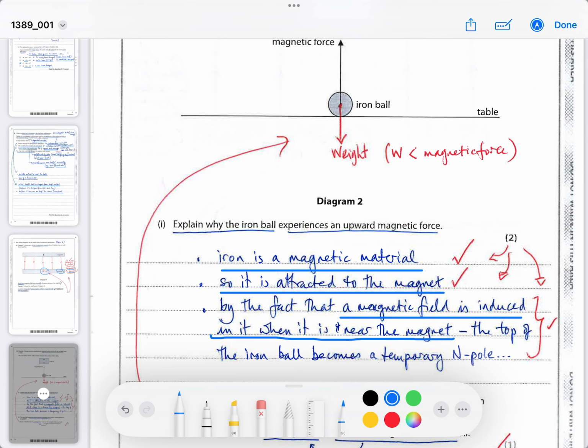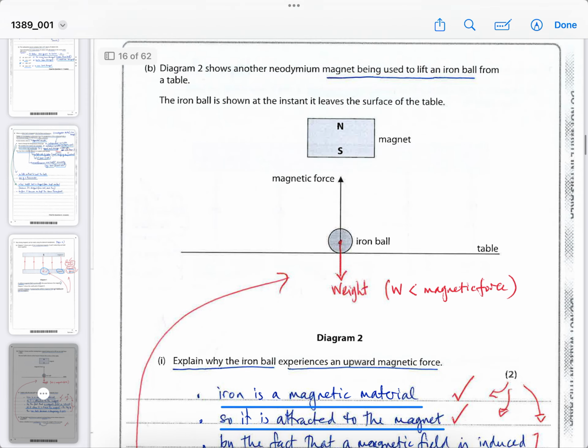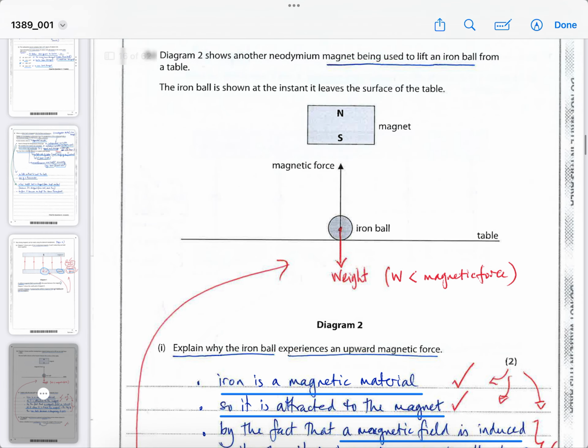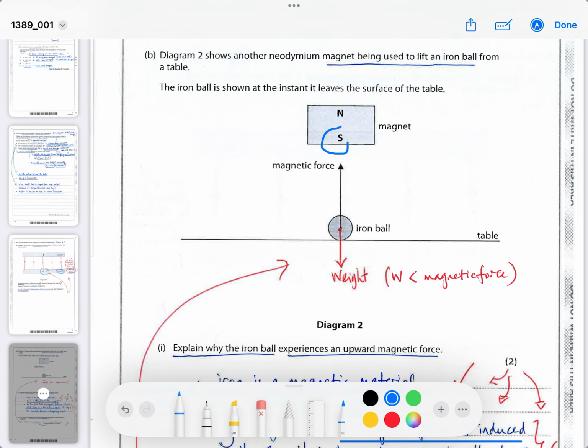Therefore the top of the iron ball will have a temporary north pole induced in it, and that means the bottom of the magnet would have been a south pole. So can you see over here is the south pole? What happens when you induce a magnetic field in the iron, the top of it becomes a north pole, the bottom becomes a south pole, and that's what causes the attraction.